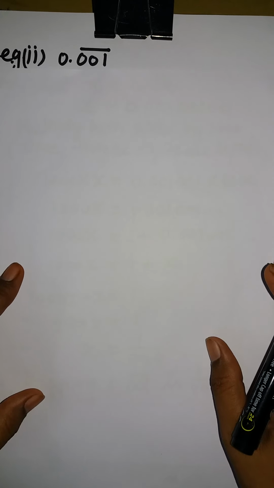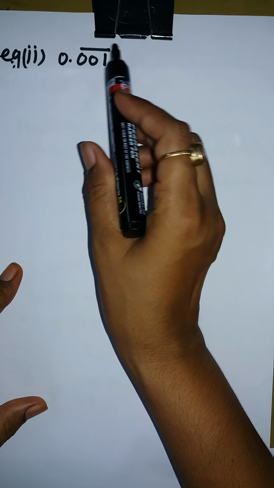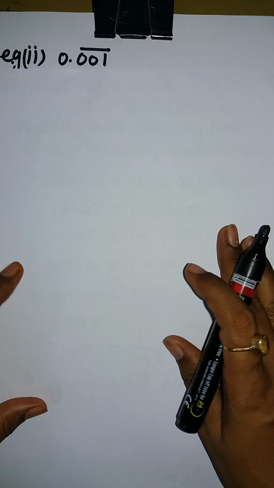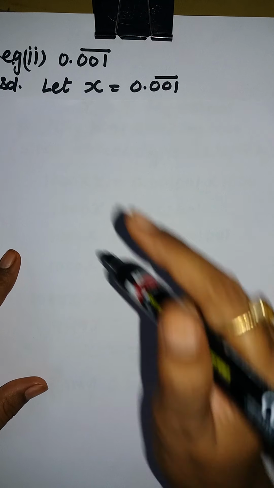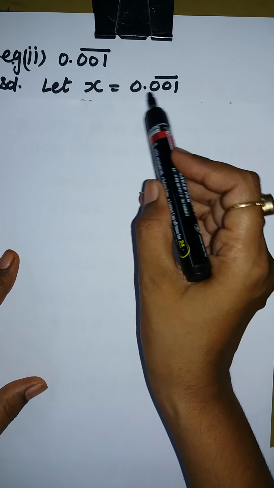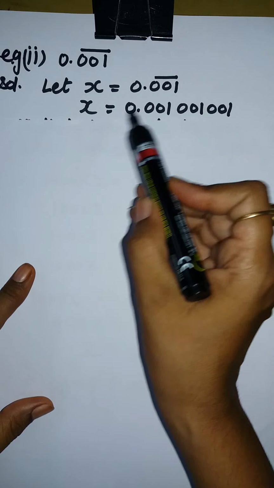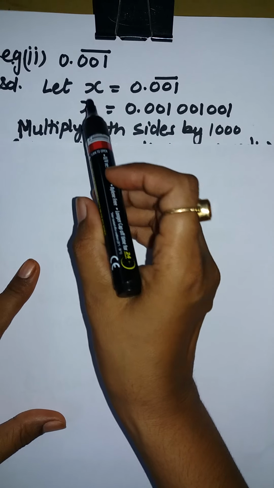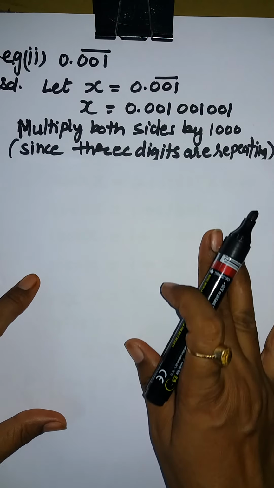Let's take another example. 0.001 with a bar over these 3 decimal places. How to convert this into a rational number? Let x equal this number. We multiply both sides by 1000. Why by 1000?